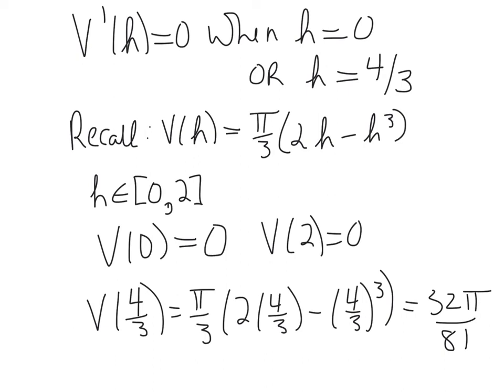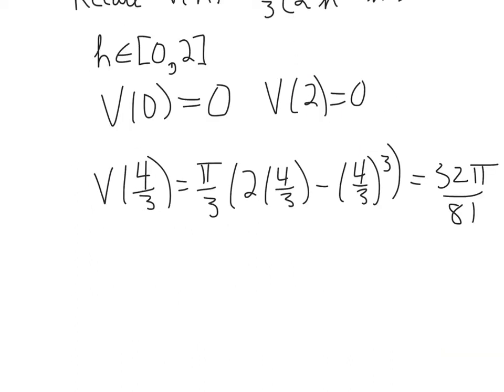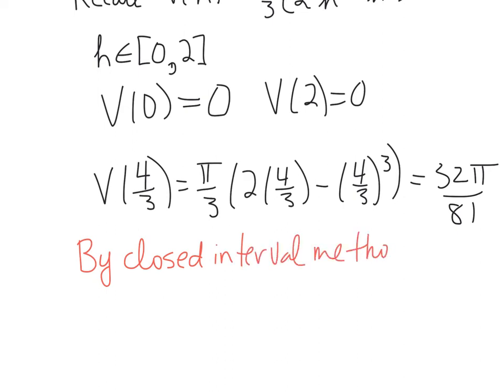So I know by the closed interval method, the critical number, h equals 4/3, will give me a maximum. So by the closed interval method, height equal to 4/3 meters will give a maximum.